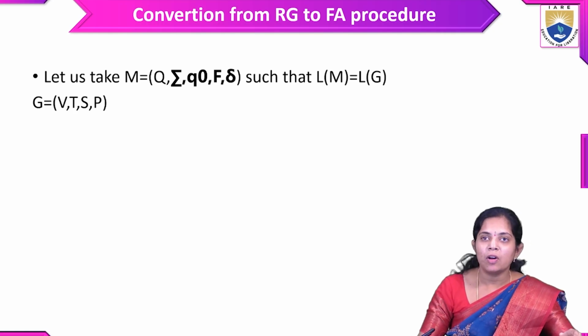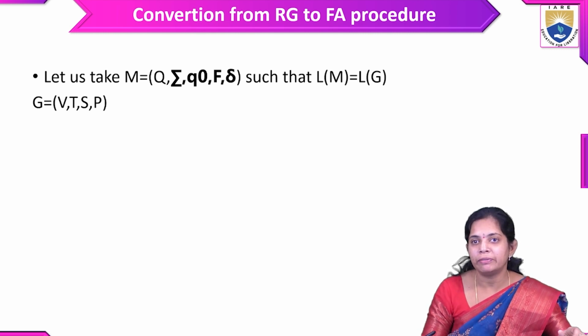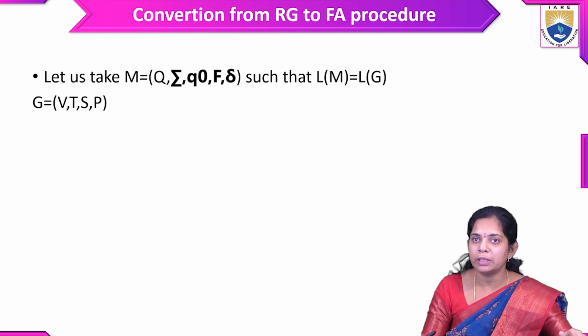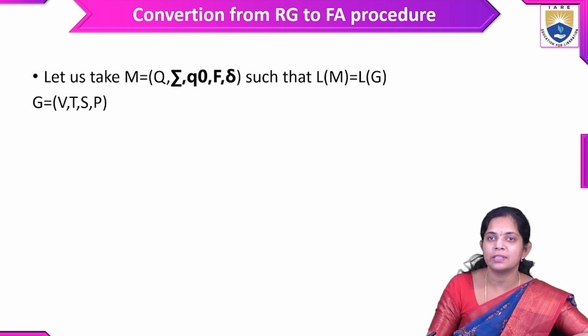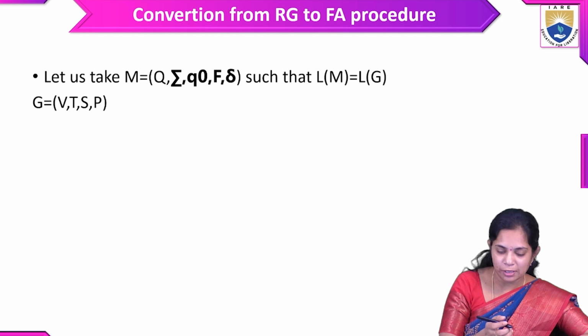Here we already discussed that the grammar contains 4 tuples and the finite automata contains 5 tuples. We have to equalize those 2 tuples. How to equalize those tuples we already discussed in the previous video, and we are discussing it again right now.